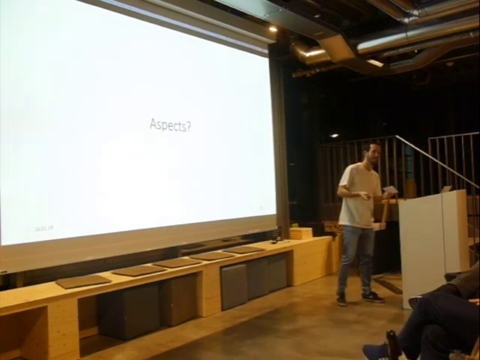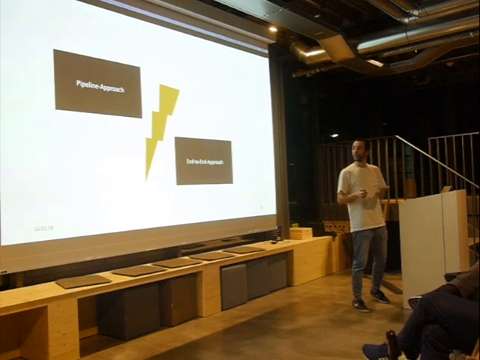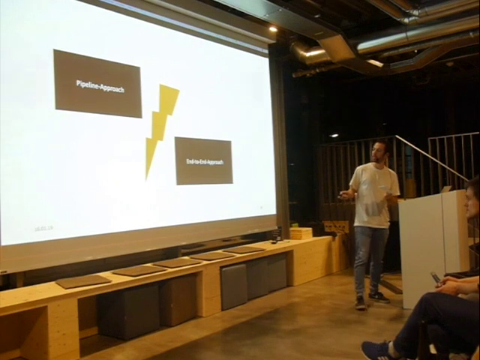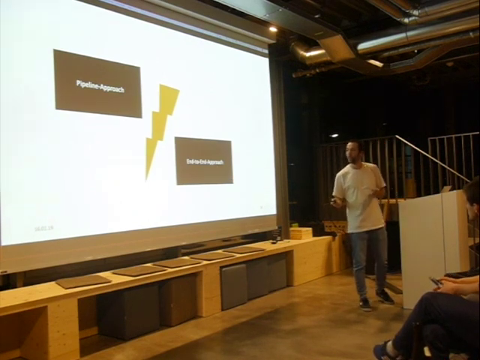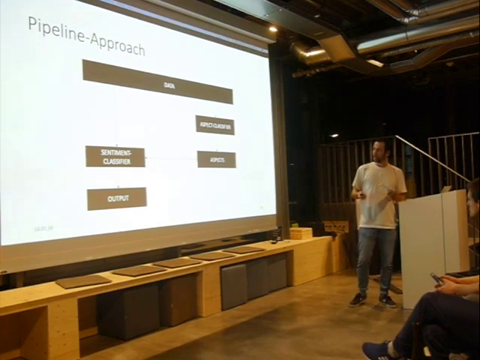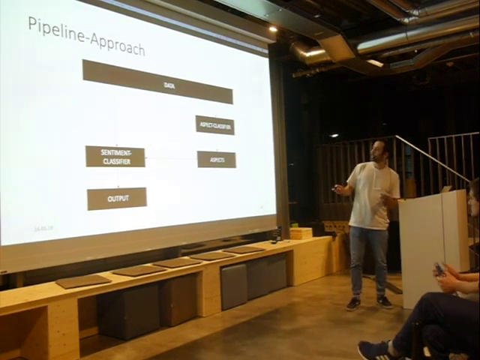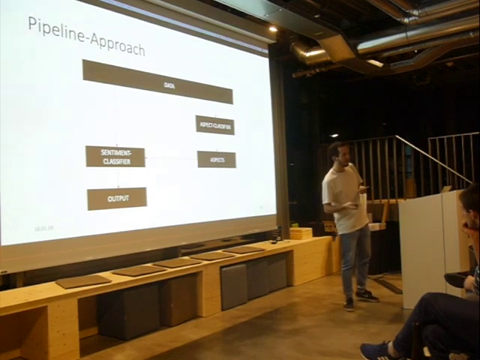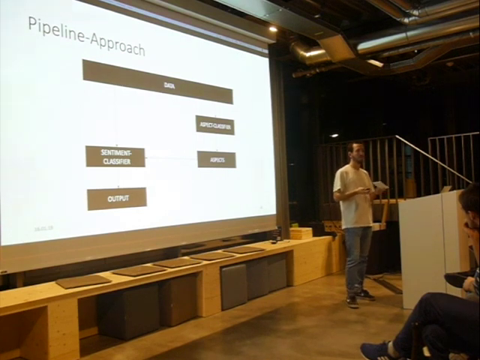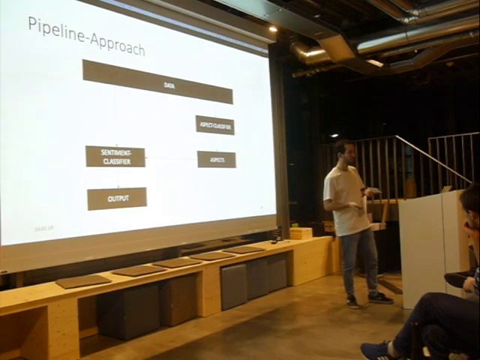Now you might wonder, how does our system take aspects into account? Therefore, we have again 2 different approaches. The first one is the pipeline approach, and the second one is the end-to-end approach. The pipeline approach consists of 2 steps. The first one is using an aspect classifier to extract, or as in our case, the aspects are predefined, classify the text by which aspects are mentioned in it.